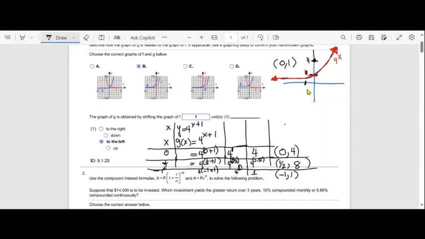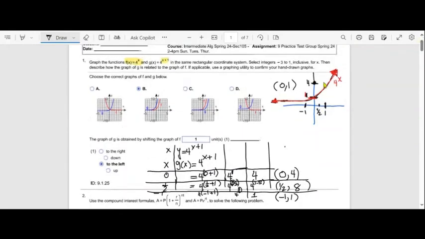The second point is half. Where is half? This is 1 and this is -1, right? Half is going to be here, right? So you're going to go half and 8. Where is 8? It's up 4 points, all the way to the top here, right? So now we've got half and 8, and we've got this point, 0 and 4.